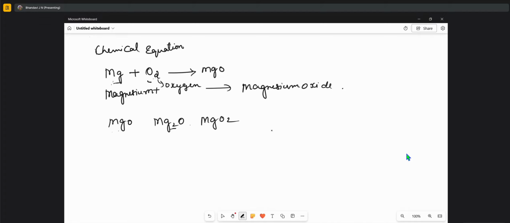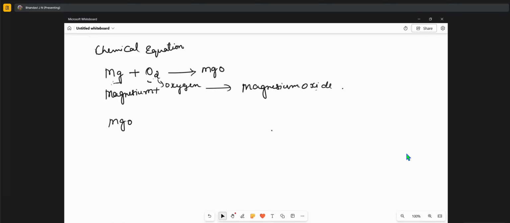Here, actually, it is not balanced. Two oxygen here, one oxygen here, right? 2 Mg plus O2 equals 2 MgO. That is for balancing. This is about the valency, how it combines. That means these two are wrong actually. So MgO is the correct formula for magnesium oxide.